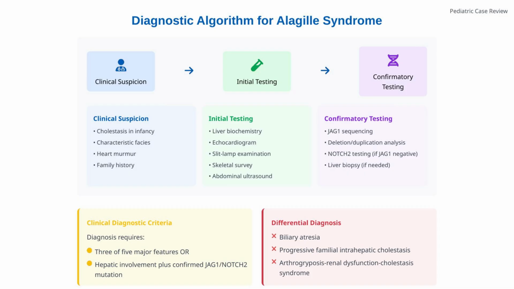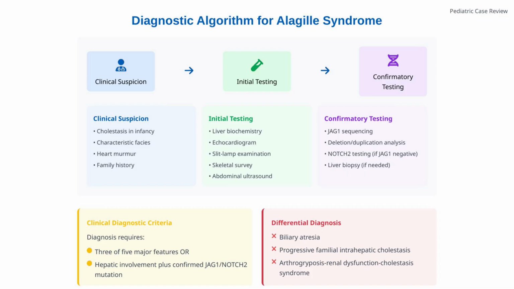Initial testing includes liver biochemistry, echocardiogram, slit lamp examination, skeletal survey, and abdominal ultrasound to evaluate for the major diagnostic features. Confirmatory testing involves JAG1 sequencing and deletion or duplication analysis, with Notch 2 testing if JAG1 is negative.